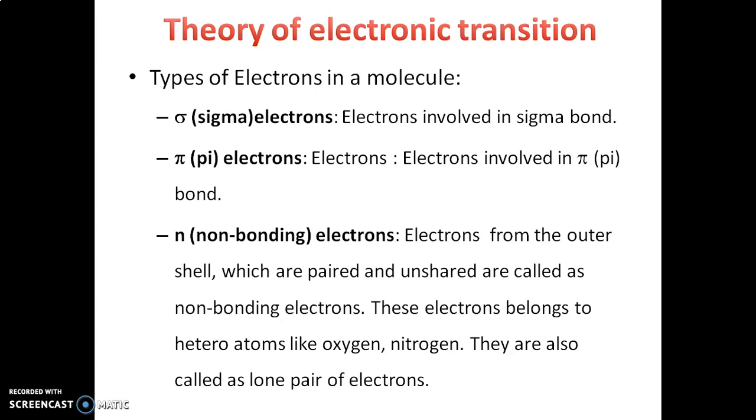Now, when electromagnetic radiation falls on the molecule and gets absorbed by the molecule, then depending on which electromagnetic radiation is absorbed by that molecule, different kinds of energy levels can be excited. That means the discrete energy levels can be excited to the excited state energy levels.